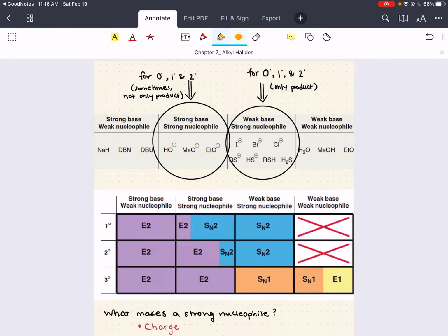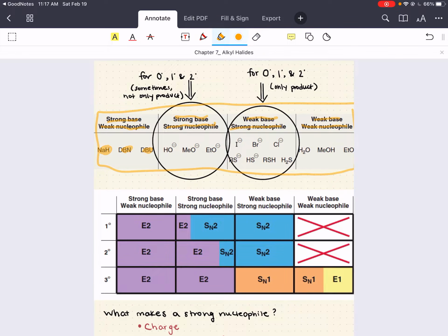This first table helps you categorize certain molecules under categories of strong base, weak nucleophile; strong base, strong nucleophile; weak base, strong nucleophile; and weak base, weak nucleophile. So under each of these four categories, there are example molecules that are important for you to understand and potentially memorize.